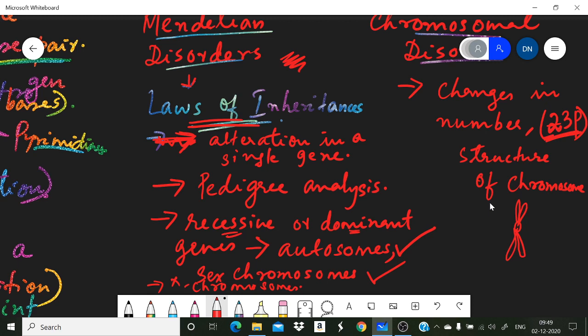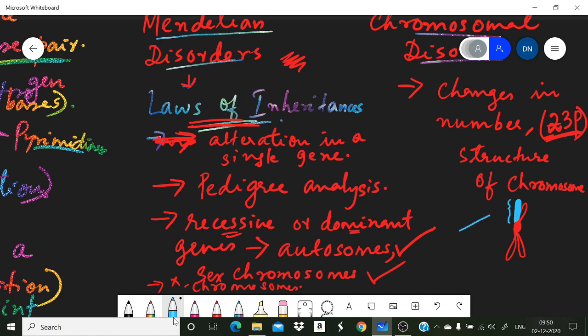Suppose here you look into this picture, I'll represent it in another color. Suppose this blue colored arm of the chromosome, this is just for your reference only. This blue colored arm of the chromosome is this much length, isn't it?